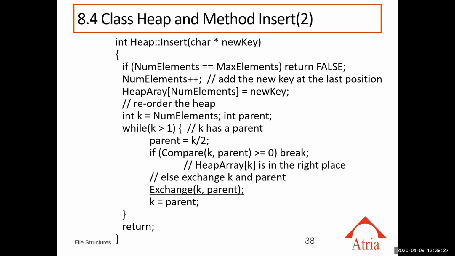Then we change the parent value as k by 2; we divide the new element's index by 2. That will be the parent element. We are comparing k and parent now. If k is greater than parent, just break, else we have to exchange parent and k. That is done with the exchange function on k and parent.